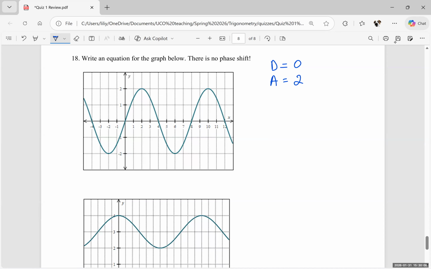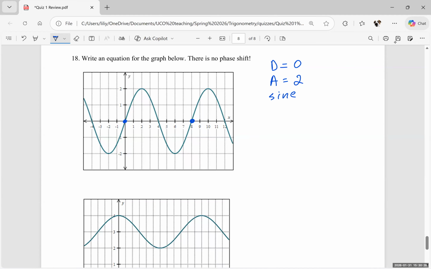Now let's determine whether it's a sine or a cosine. The parent function sine without the horizontal shift will start at (0, 0). So that's great. This is a sine function. There's no phase shift, so no C, but we do need to figure out B. In order to figure out B, we need to know the period of this function. From 0 to here, that's 8.